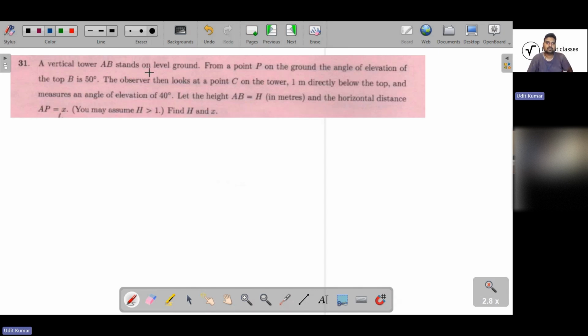A tower AB stands on level ground. From a point P on the ground, the angle of elevation of the top B is 50 degrees. So this is the ground, and let's say this is tower AB.